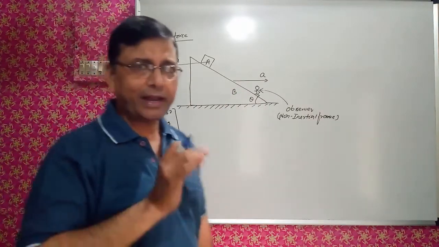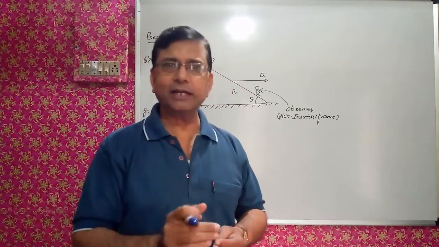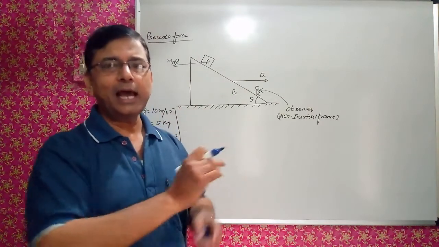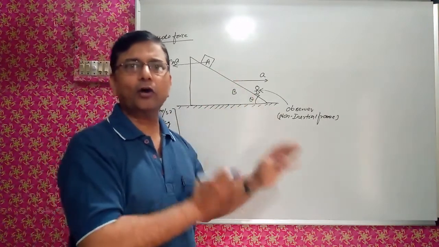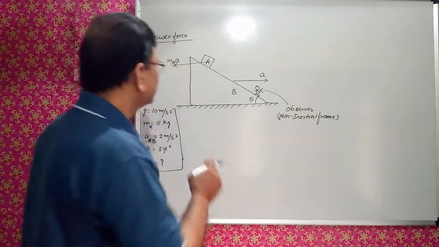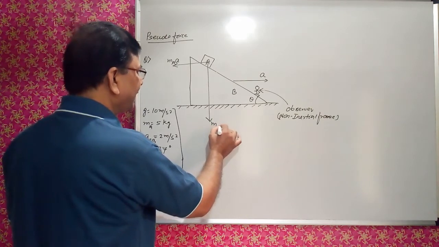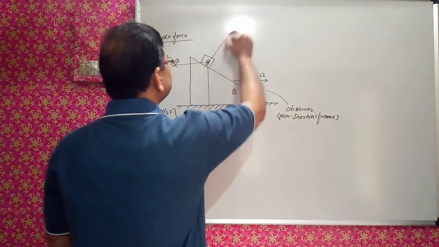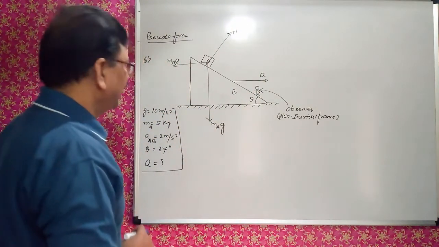Remember this. Whenever I am applying Newton's second law for an observer in a non-inertial reference frame, first of all one pseudo force will be applied, and the rest of the forces, the real forces, will be acting on the mass, right? So real forces: mAg is acting downward, and the normal reaction is acting this way.